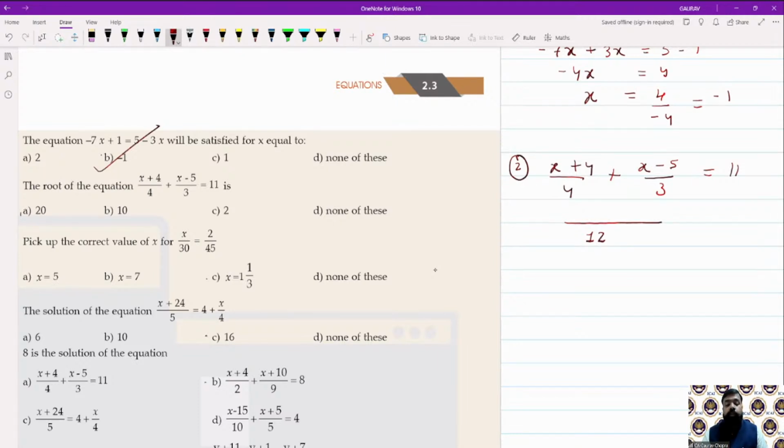Now 12 divided by 4 is how much? 3. So 3 will be multiplied with x plus 4. Plus 12 by 3 is 4, so we have to multiply this 4 with x minus 5, and it is equal to 11 times 12. So now what we are getting? 3x plus 12 plus 4x minus 20 is equal to 132.